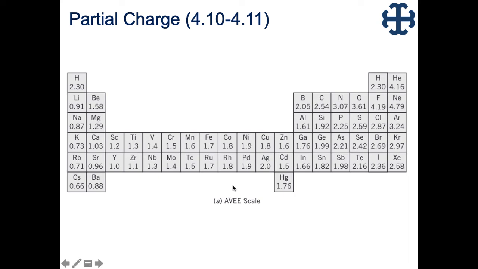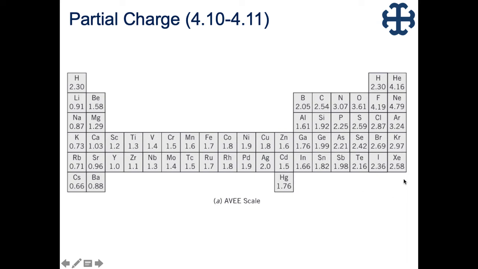Here is a chart that gives you the relative values of electronegativity for atoms on the periodic table. We'll say that electronegativity is not a value that has units. It's all relative and it's all unitless. Generally speaking, things on the left side of the periodic table have very low electronegativities.